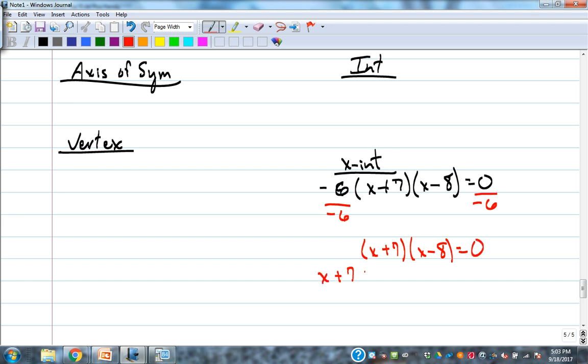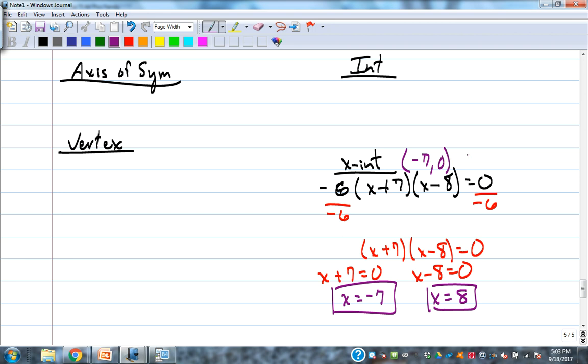Set each of those factors equal to 0. It changes the signs. My X intercepts are at (-7, 0) and (8, 0).